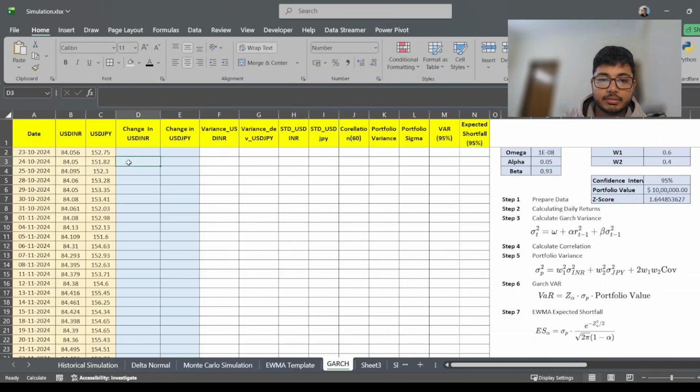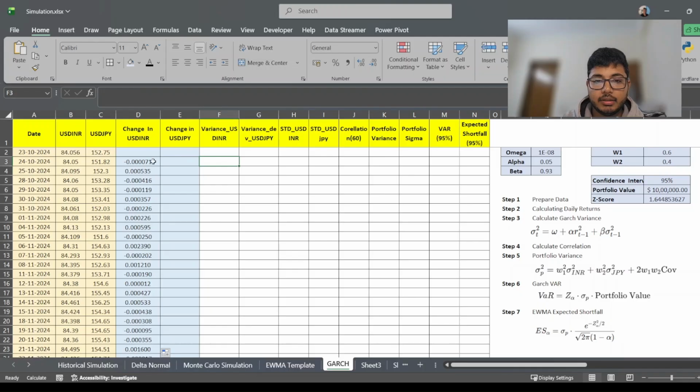First, find the daily change in both currencies. It is very simple: current day's rate minus previous day's rate, divided by previous day's rate. We can drag this for all the days down there, and copy paste this formula for dollar JPY as well.